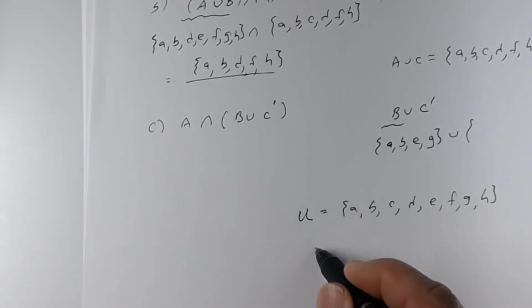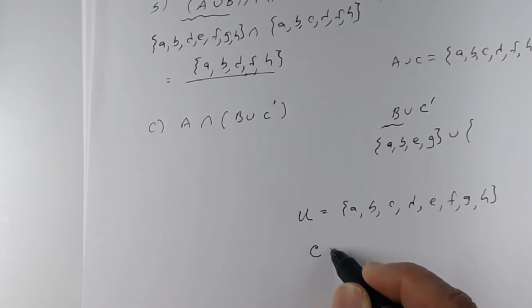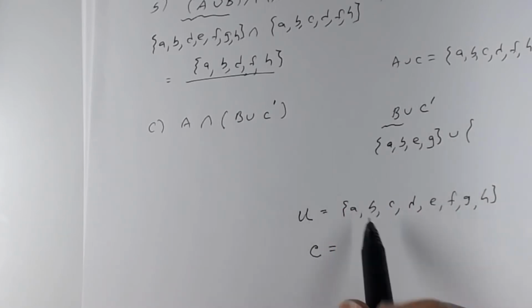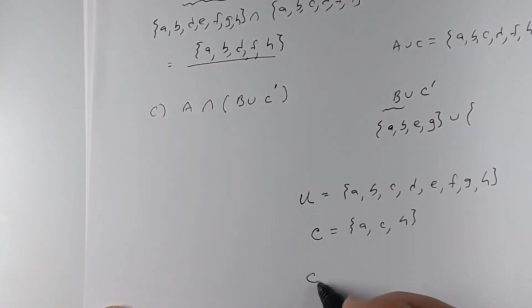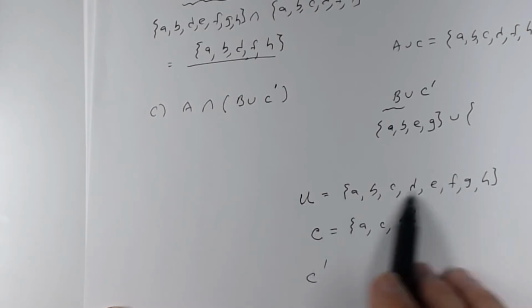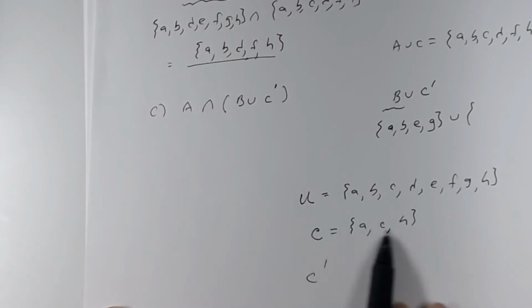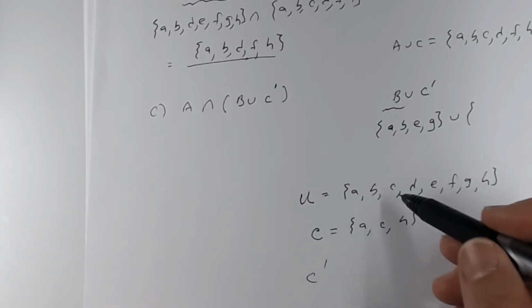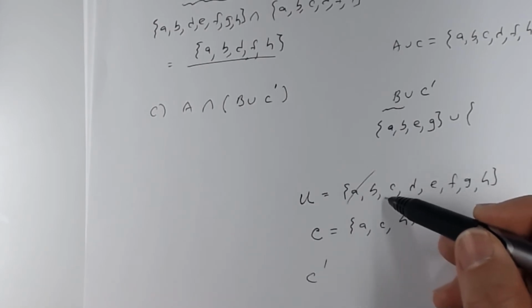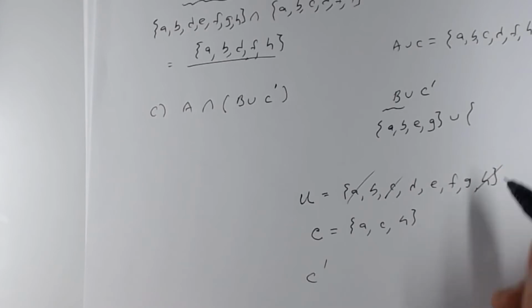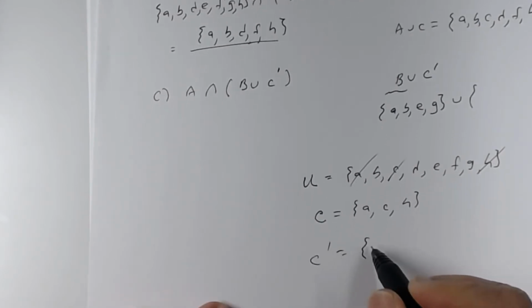First of all, C is what set? A, C, and H. Is that correct? Yes. So C complement would be everything in the universal set except those three. So you just cross those out. Cross out A. What else do we need to cross out? C and H. So what's C complement?